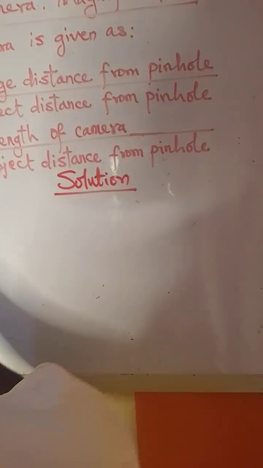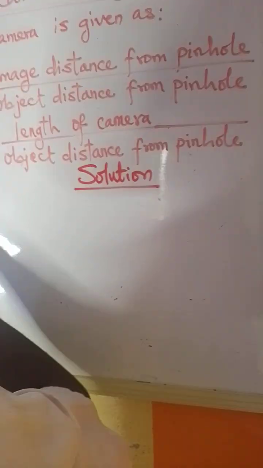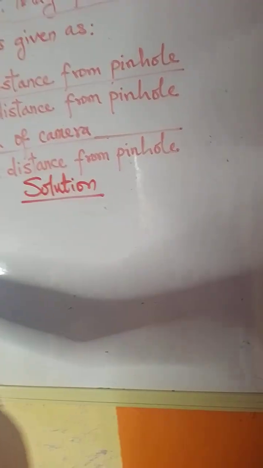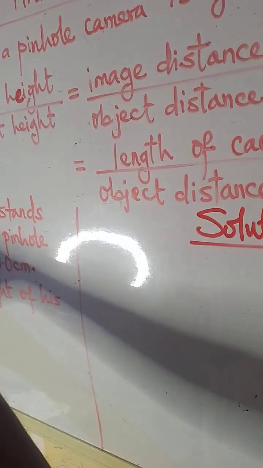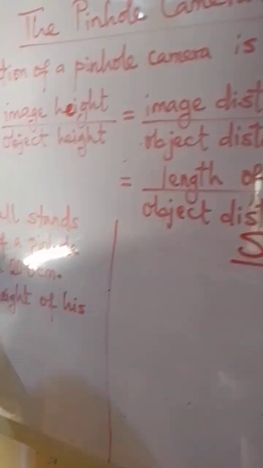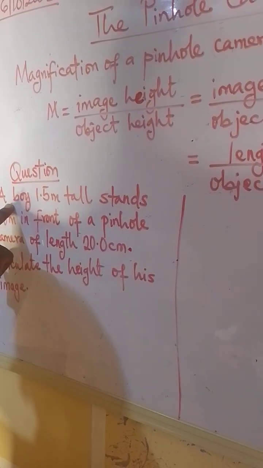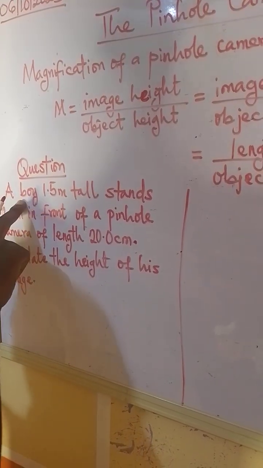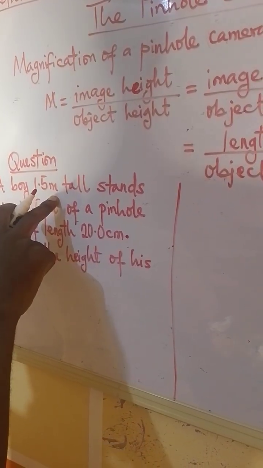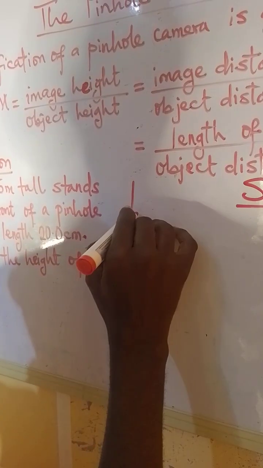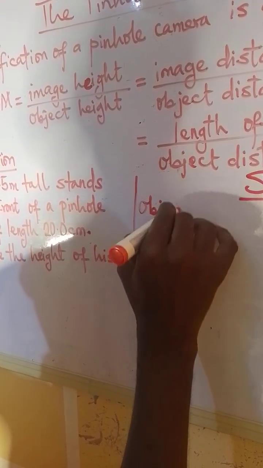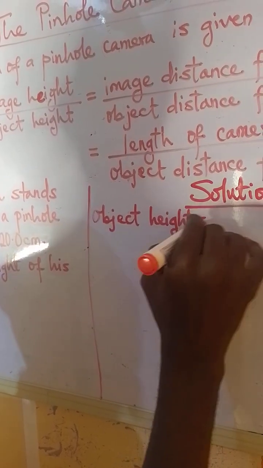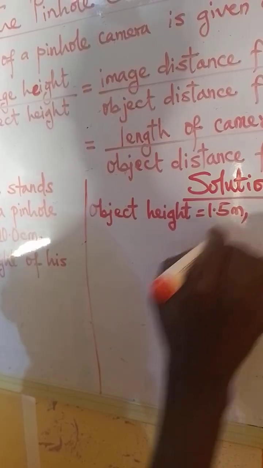So already in this place we are told that a boy is 1.5 meter tall. So this is the object height, because they say a boy 1.5 meter tall, so the boy is the object, so his height is 1.5 meter. So I'll say object height equals 1.5 meter.